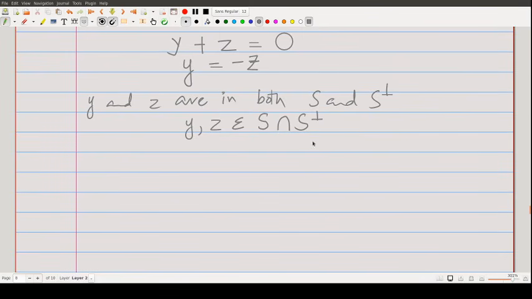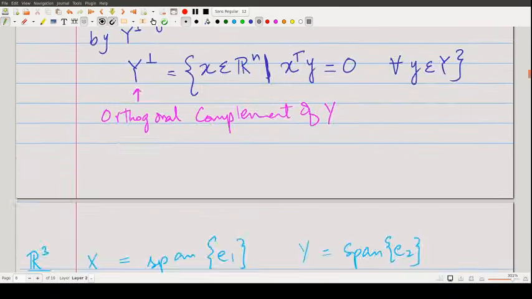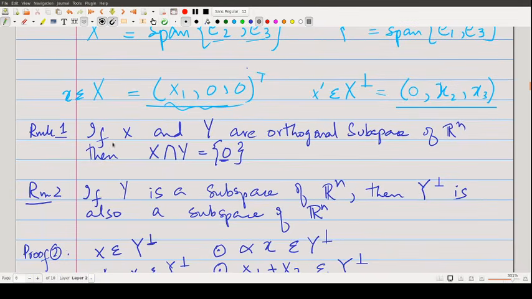It's not possible because the intersection of two spaces which are orthogonal to each other, to make a remark here, is that if these are two orthogonal subspaces, then there's going to be nothing in there. The only vector common to them has to be the 0 vector.